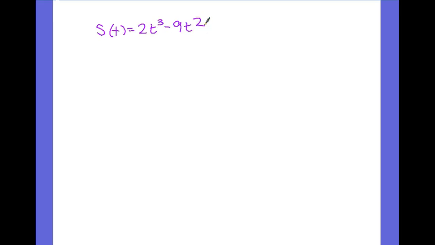Okay, it says find the times at which the acceleration is 0. So there's a whole bunch of space because in order to find when acceleration is 0, I need to know velocity and acceleration. So the acceleration is 0: 12t minus 18 is 0.